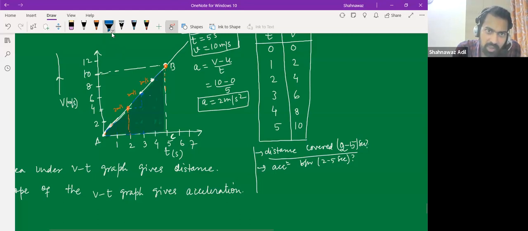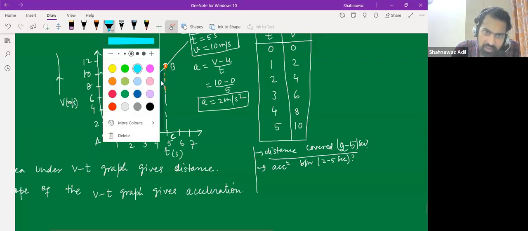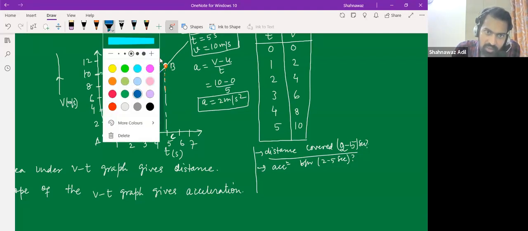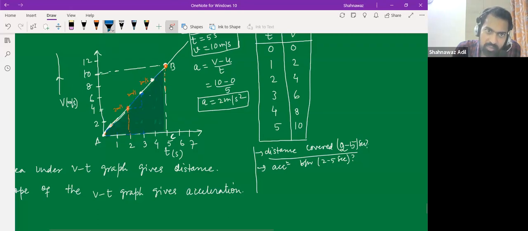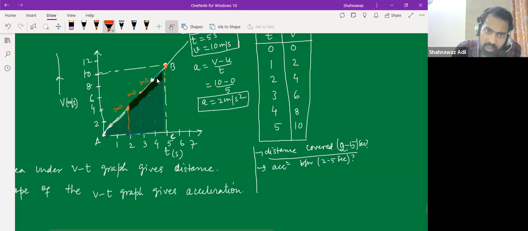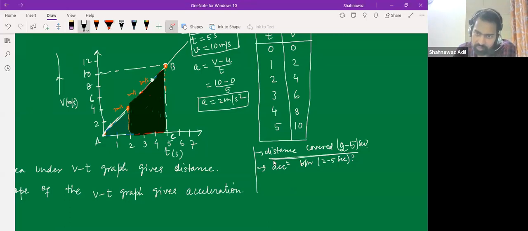So area between 2 to 5 seconds. What is this shape? Trapezium?